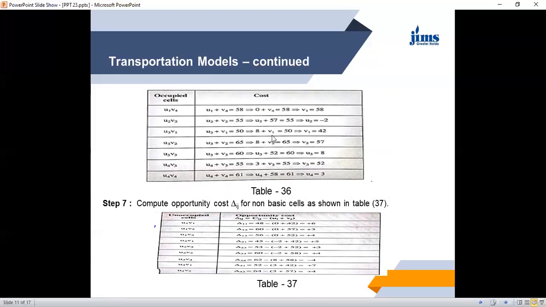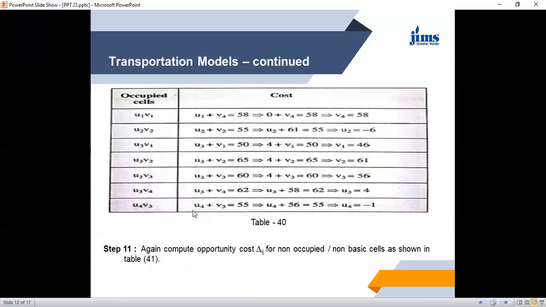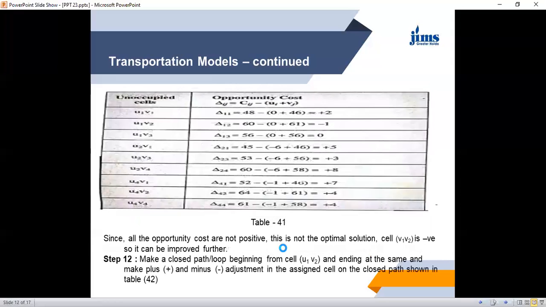So when we calculate the Ui Vj value, opportunity cost is again calculated, and delta Ij, that is the opportunity cost for non-occupied cells. So we find that here all values are positive except U1, V2, this is negative.